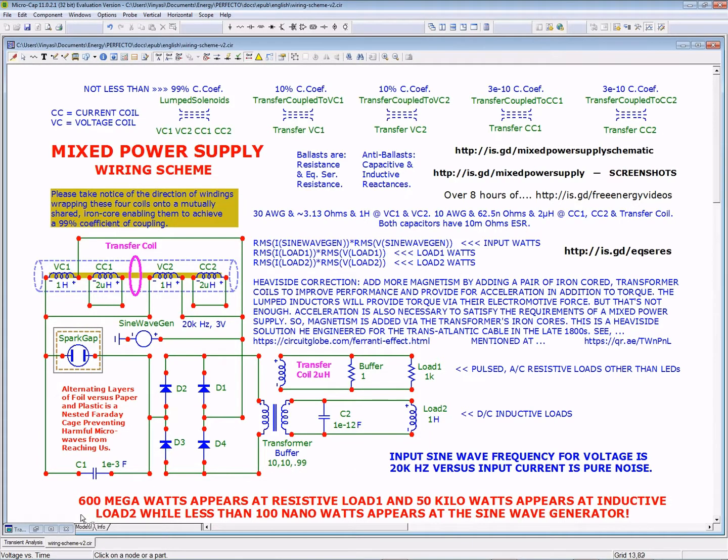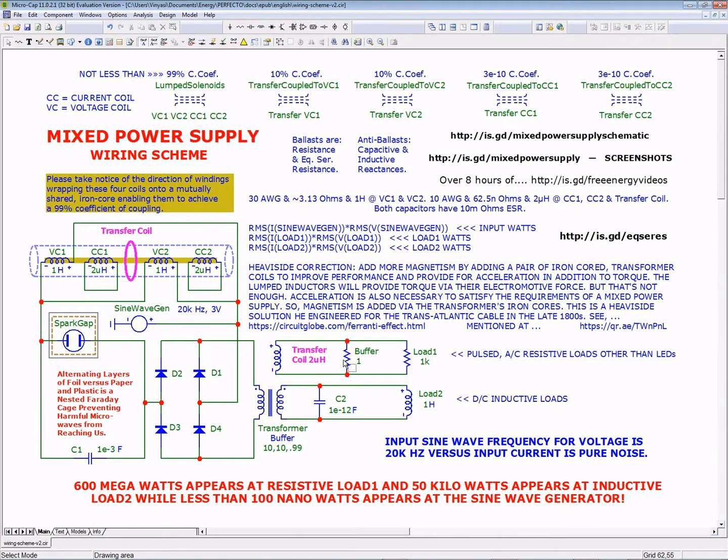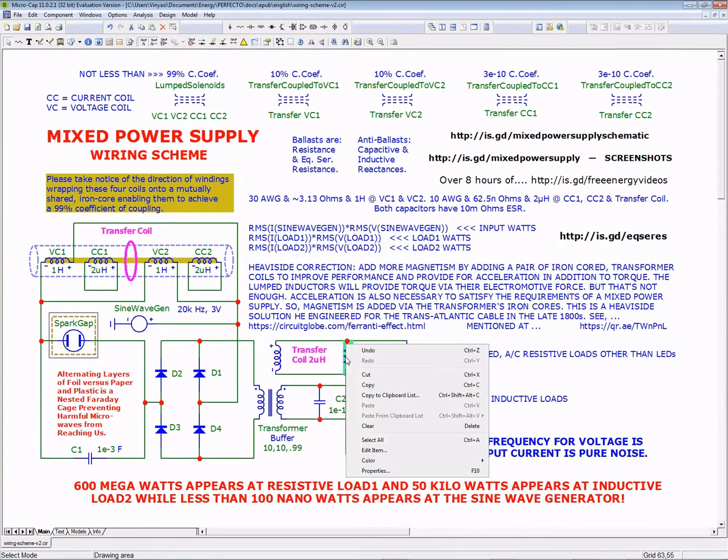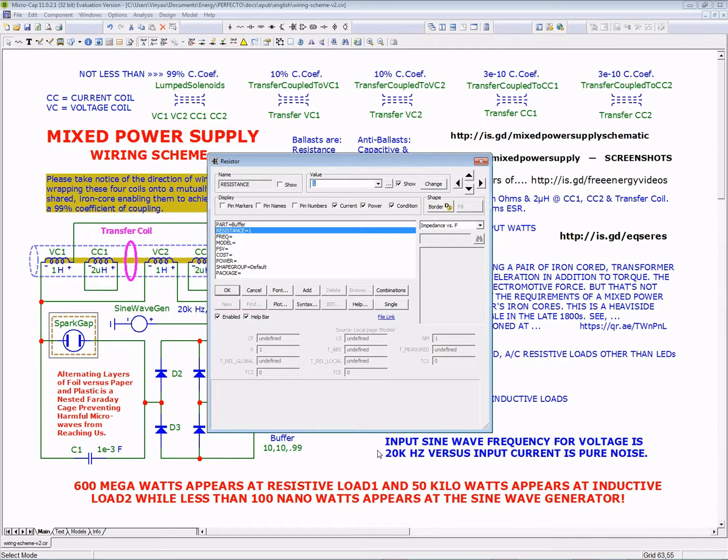Alright, let's get rid of this. There's something wrong here. I call it buffer. It's 1 ohm of resistance, and it's giving me problems. Well, maybe 1 doesn't work.